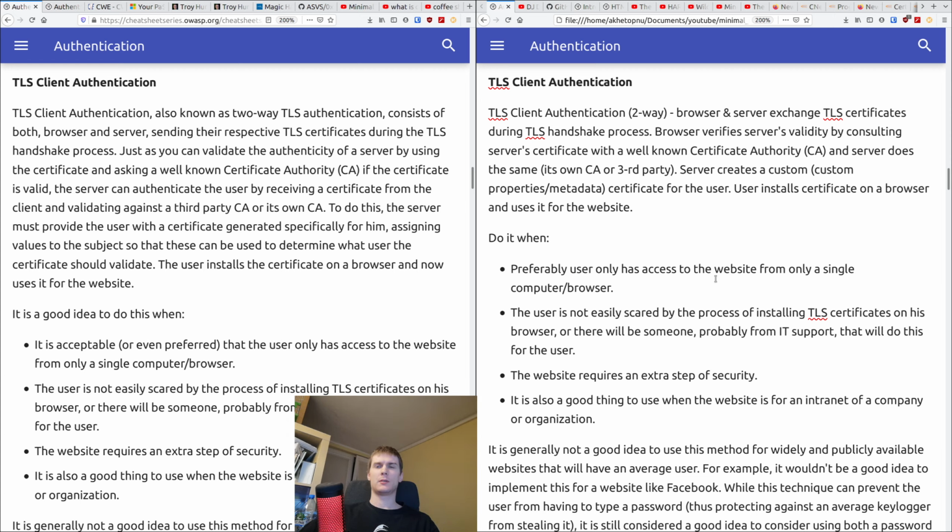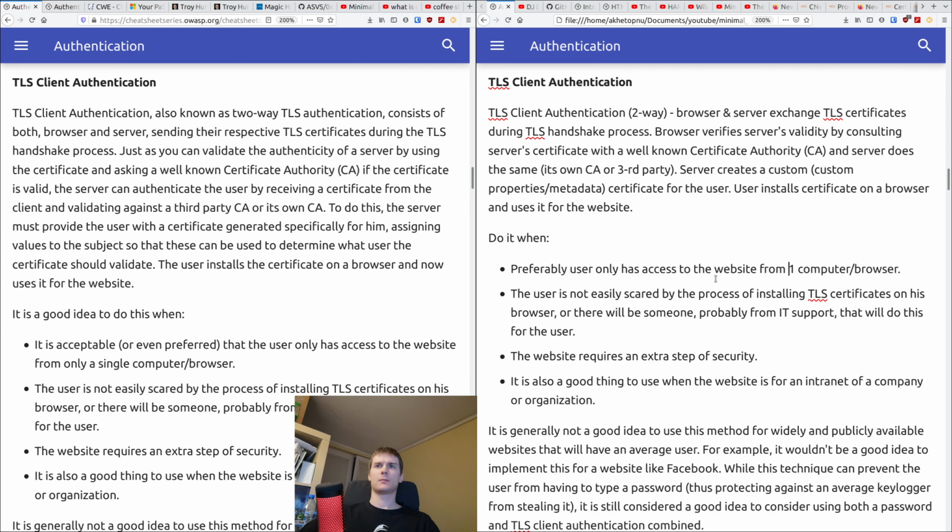Preferably the user has access to the website from only one computer or browser.